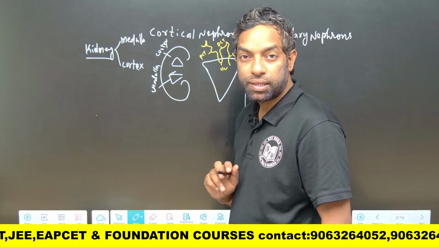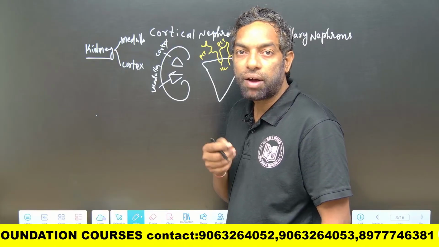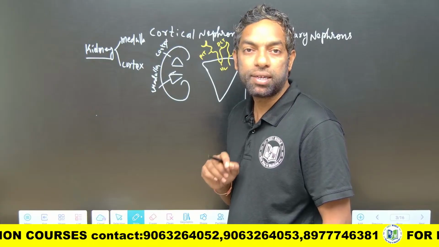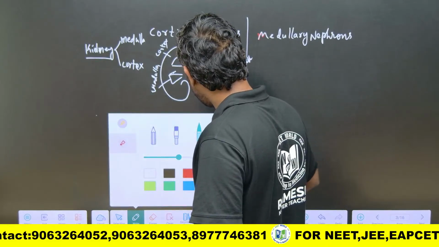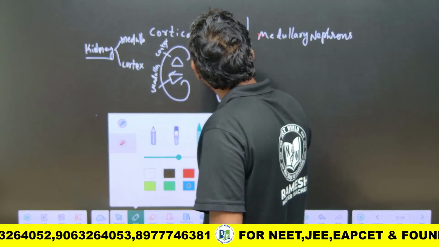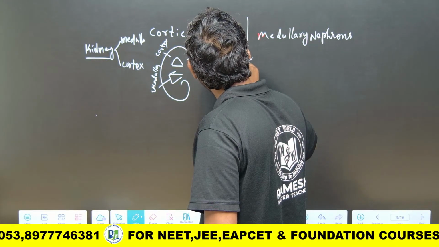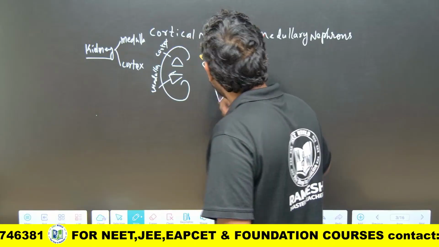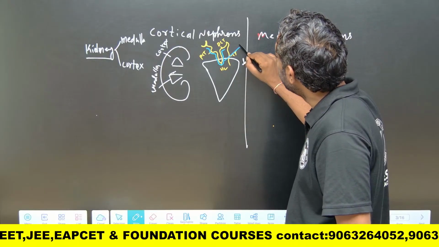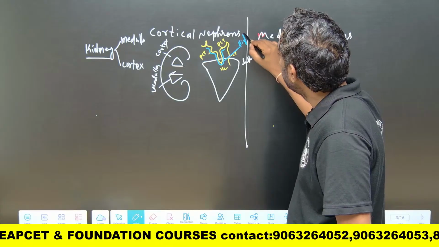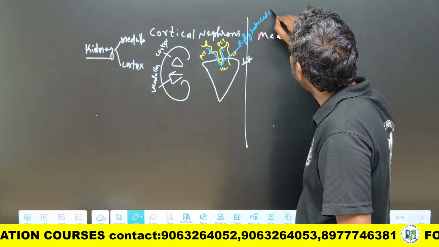Around the nephron there is a blood vessel called the peritubular capillary, and around the Henle's loop there is a blood vessel called the vasa recta. In the cortical nephron, it is highly reduced in the medulla.